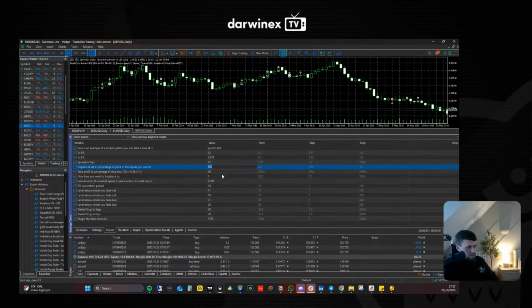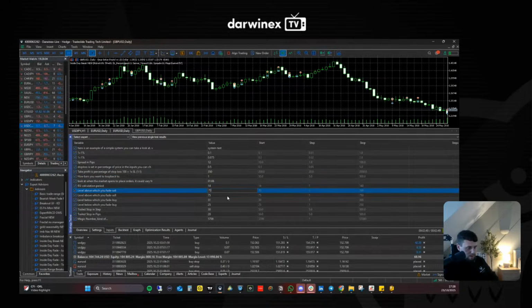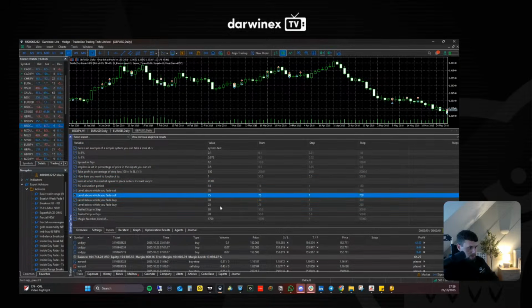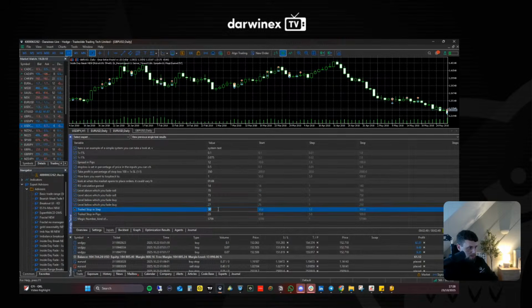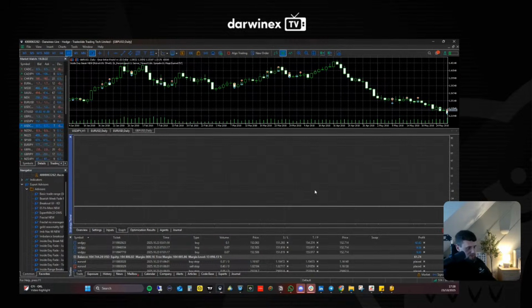Stop loss 0.5, take profit, let's go 350. How many bars do we want to look back? We want to look back at the current bar. RSI, let's go 70, 30, 75, 25, or 73 and 27. Trailed stop: 60 pips with a 40 pip trail. Let's just test this. Completely random. I don't know how this is going to go.